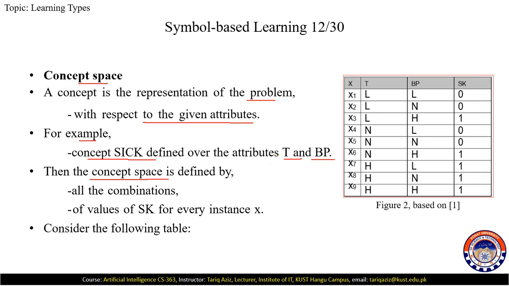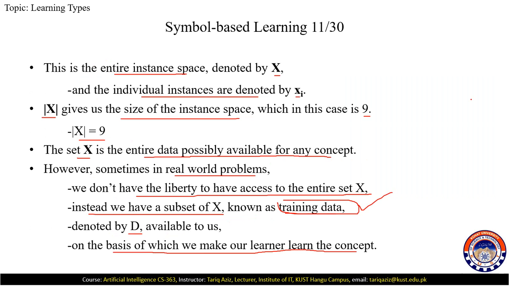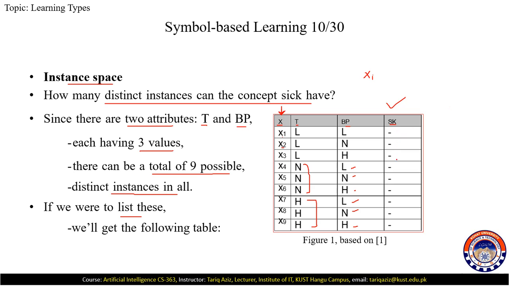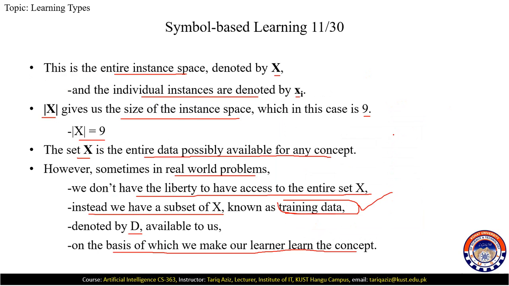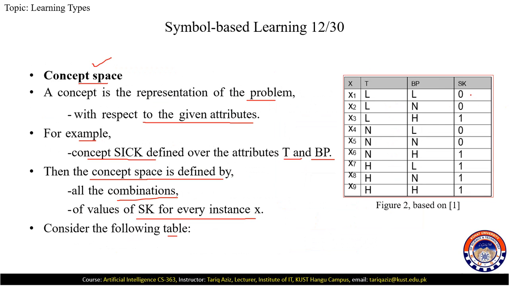Then the concept space is defined by all the combinations of values of sick for every instance x. Now, what is concept space? Look at the table here. So this is the table, dear students. Before, if you look at the table, we don't have the values of the concept sick. Now here in this table we have all the possible values of concept sick.